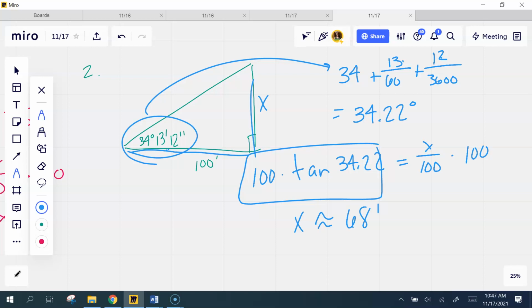Yeah. 68.01. Since it was 01, I just rounded it to 68 feet, but you could, whatever. Unless it's specified, it doesn't matter. Feet.